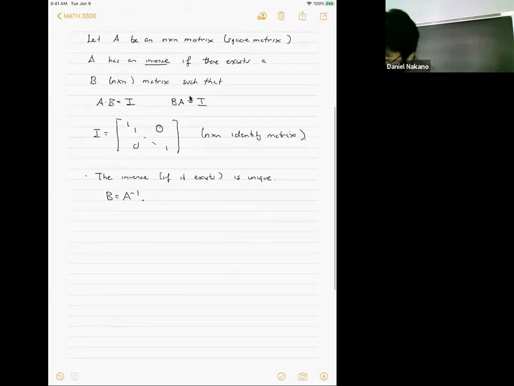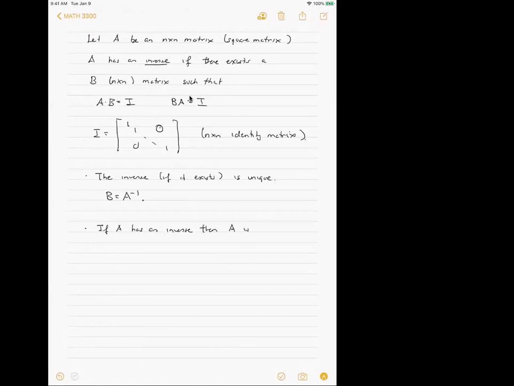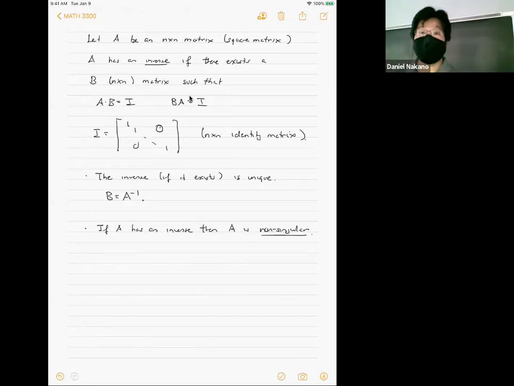All right. Another thing we defined was that if A has an inverse, then A is called non-singular. So invertible matrices are non-singular.